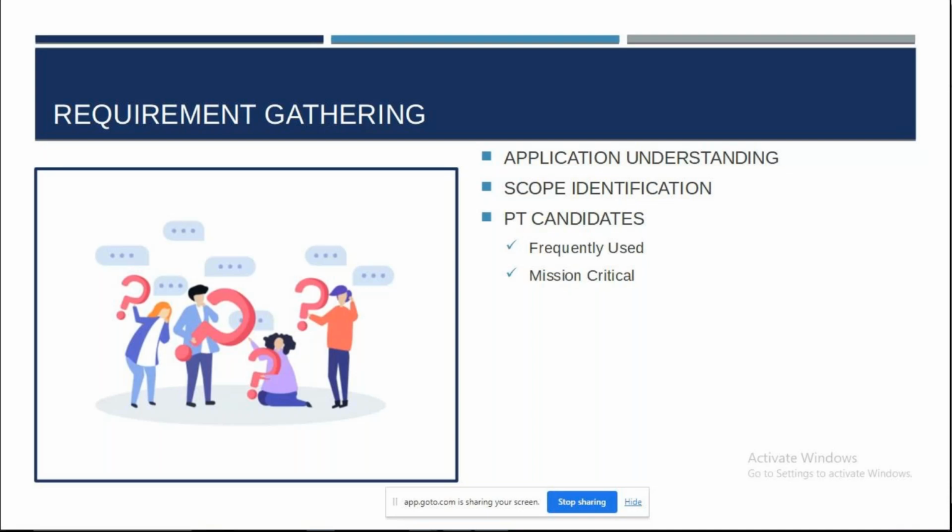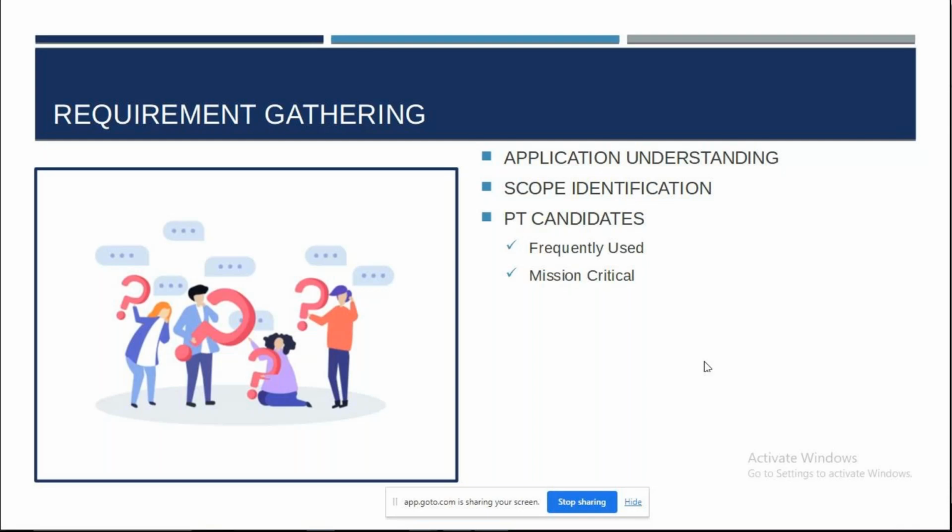Now, you will find challenges when you ask the customer which is going to be frequently used, or which one is mission critical, they might not understand. Why? Because everyone is not capable of performance testing. People are laymen also. So in that case, you have to educate the customer.